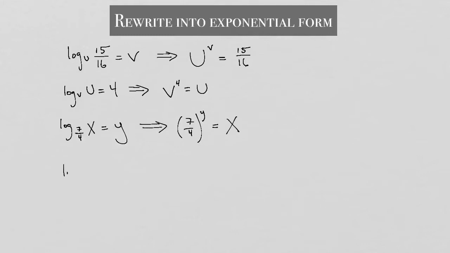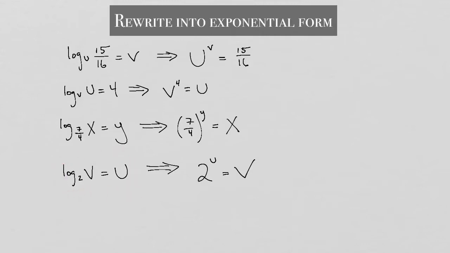Okay, if I have log base 2 of v equals u, what that's saying is 2 being raised to the u power equals v. Once again, this is your exponential notation. This is your logarithm notation.